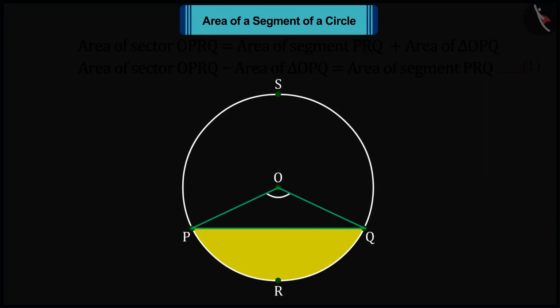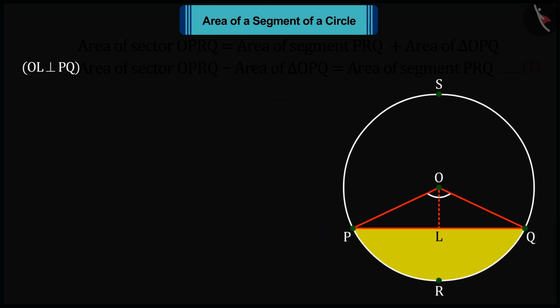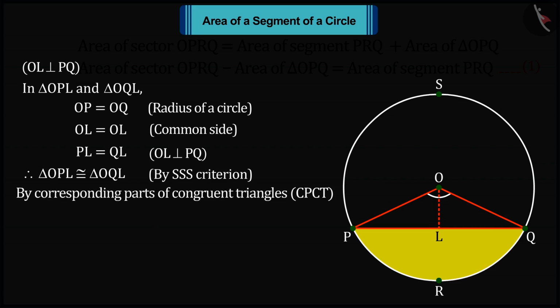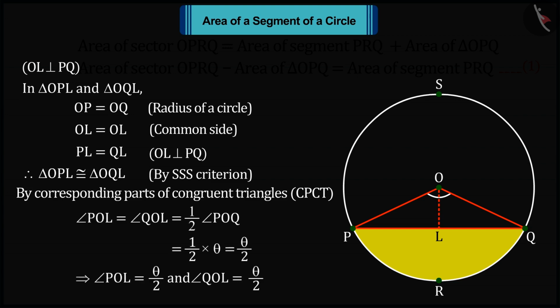For the area of a triangle, first the base and height have to be found. For this, we draw on PQ a perpendicular OL, which makes triangle OPL congruent to triangle OQL, and from the corresponding parts of congruent triangles, that is CPCT, we determine that angle POL is equal to angle QOL.